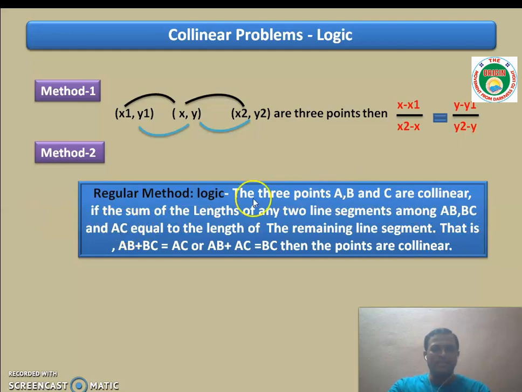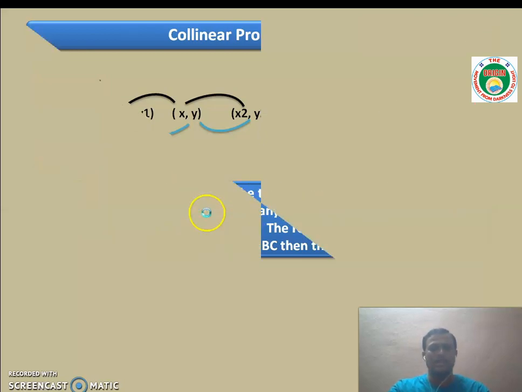Then the sum of any two lengths must be equal to the length of the third side, that is AB plus BC equal to AC, or AB plus AC equal to BC. That is method 2. This is the method you are going to use in the 10th standard.